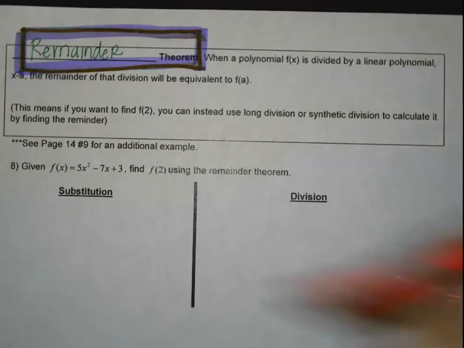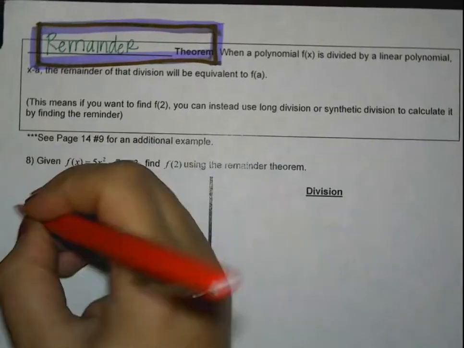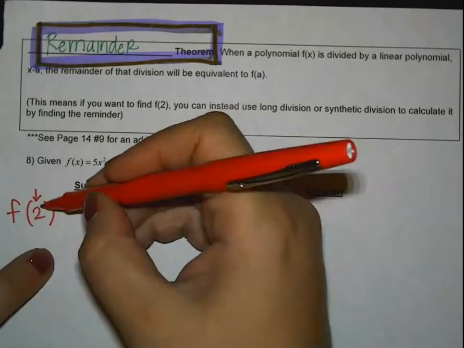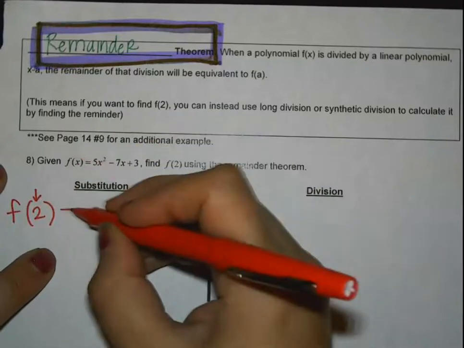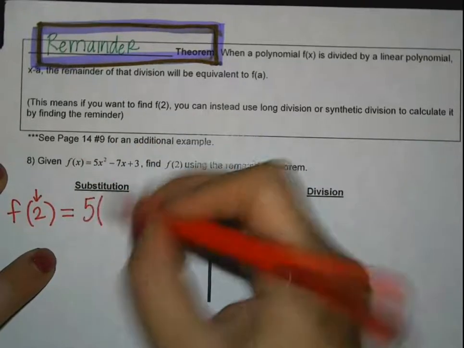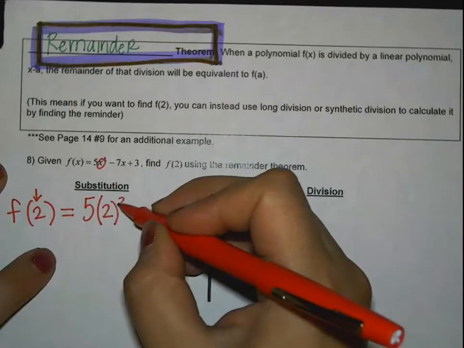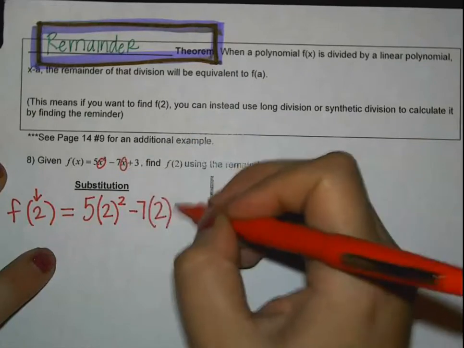So previously, whenever I gave you a problem that looked like this, you would know that this means to plug this number in the x spot into the problem. So I'm going to go ahead and take out the x here and plug in a 2 and plug in a 2 here for x.